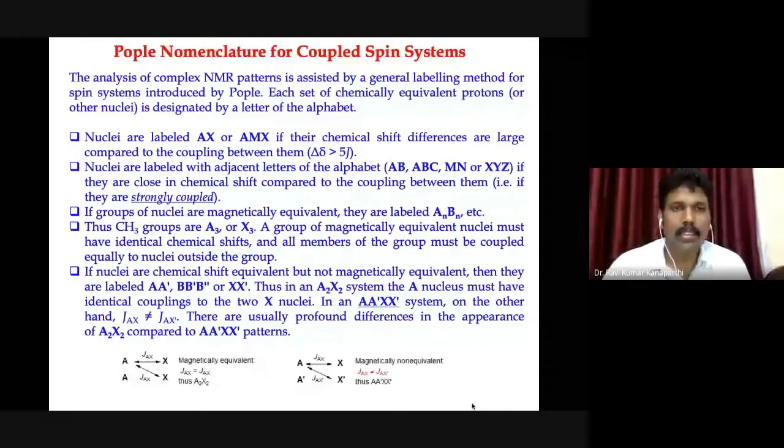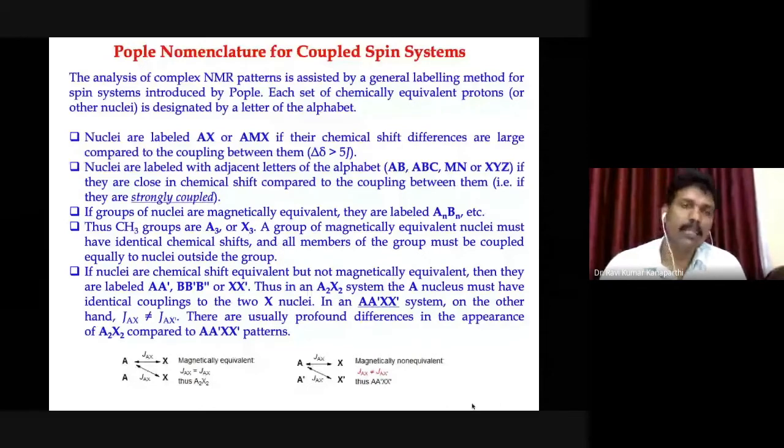This type of assigning the equivalent protons with a letter of the alphabet is really helpful in understanding and analyzing complex NMR spectral patterns. How it works is very simple.